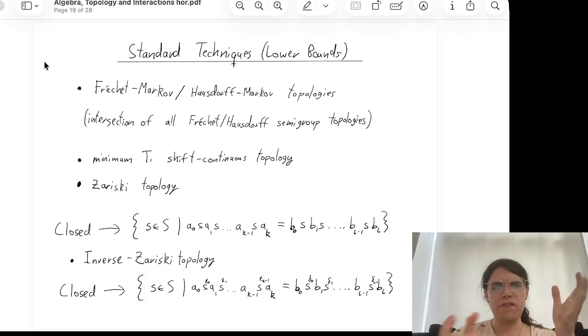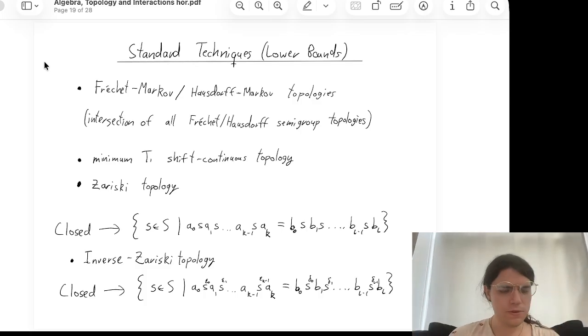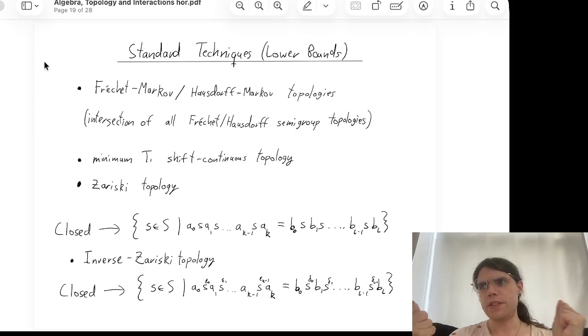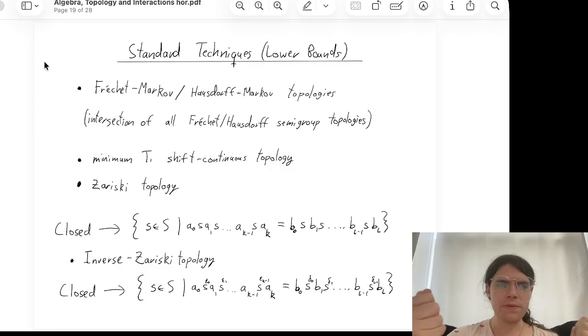Because you just want to force certain things to be open, and then you can use the algebra to do that. This is one of the areas where, perhaps surprisingly, you get more out of the semigroup structure typically than group structure. Because the semigroup structure gives you some non-bijective maps which have to be continuous, and you can deduce quite a lot from this often.